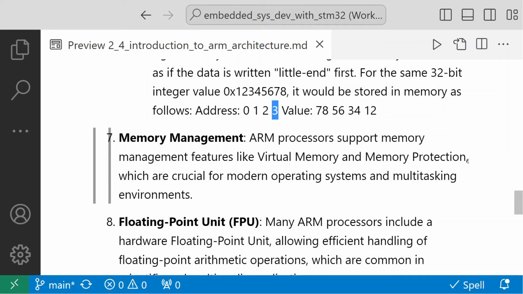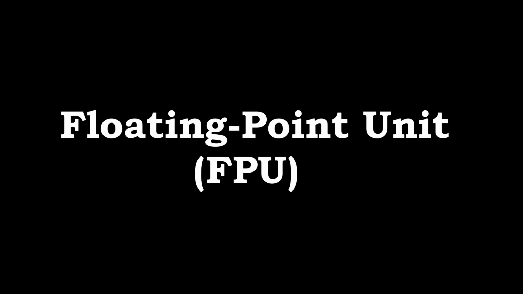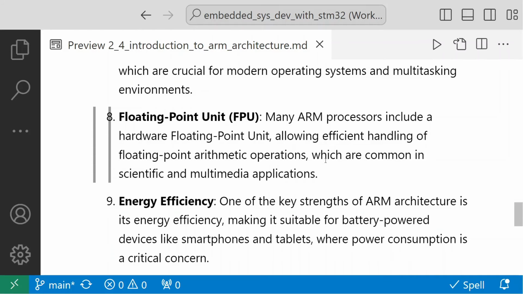So modern operating systems need memory management, and ARM provides that. Floating point unit, FPU. Many ARM processors include a hardware floating point unit, allowing efficient handling of floating point arithmetic operations, which are common in scientific and multimedia applications.